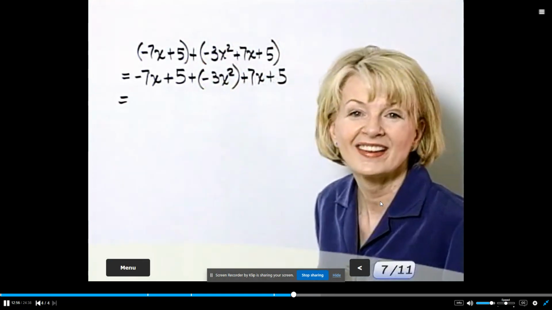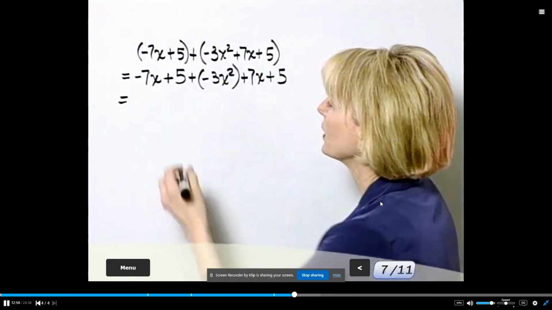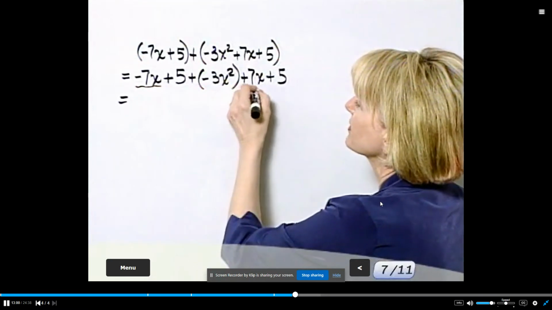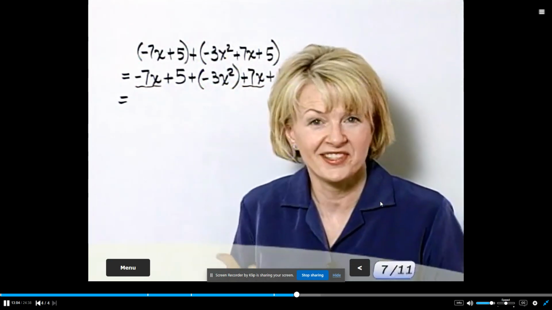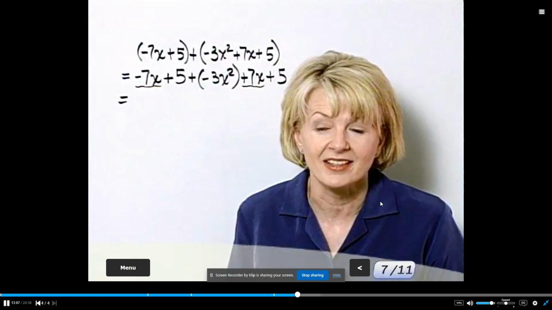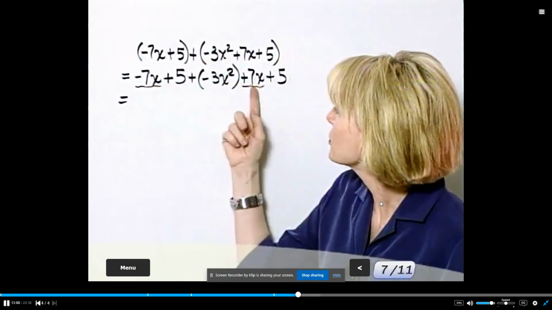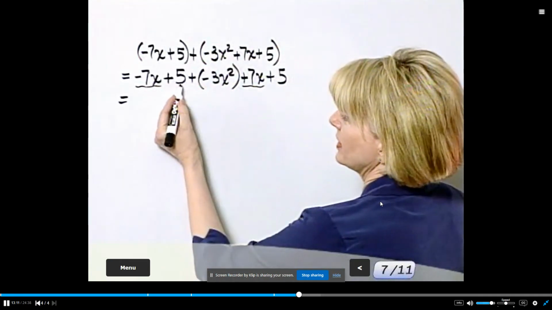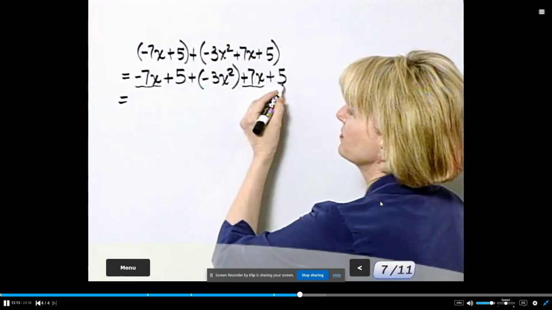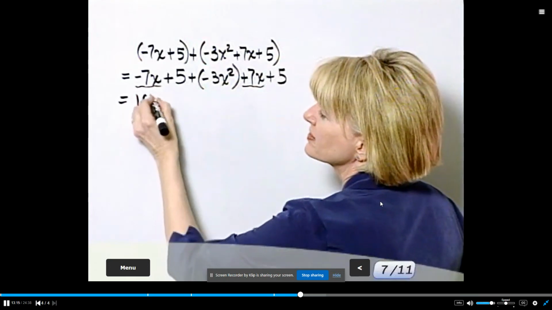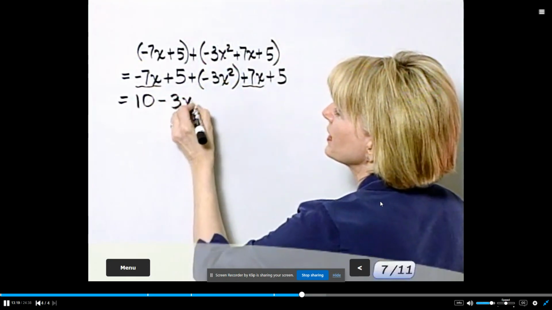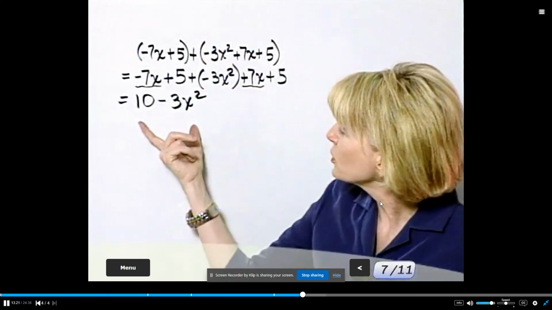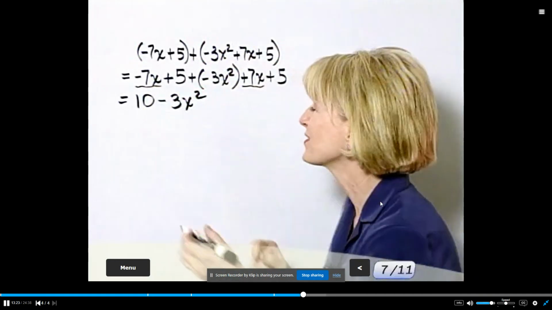Let's look for like terms. Well, I have negative 7x plus 7x. That's negative 7 plus 7, which is 0, and 0x is 0. So these terms add out, and then I have 5 plus 5. 5 plus 5 is 10, and then I can write that as minus 3x squared. So you can write it as 10 minus 3x squared.